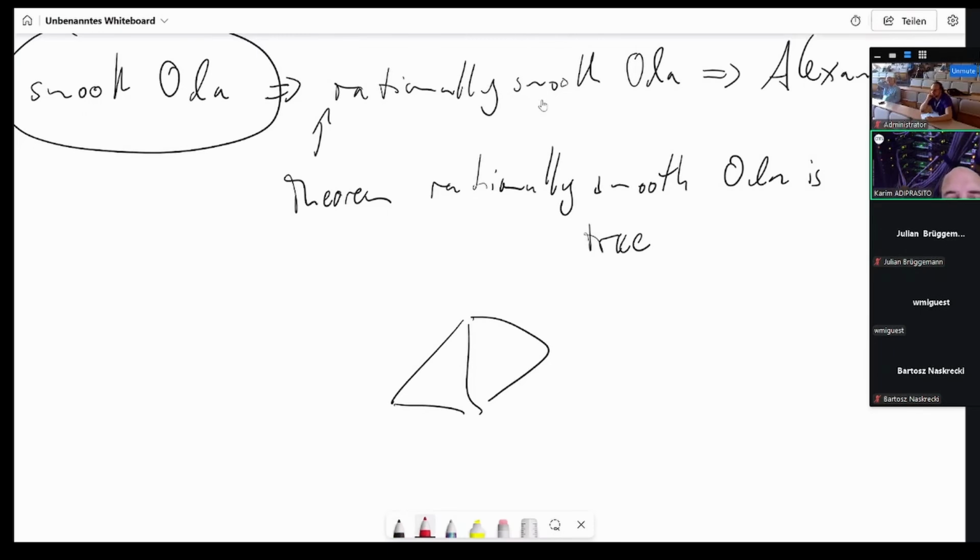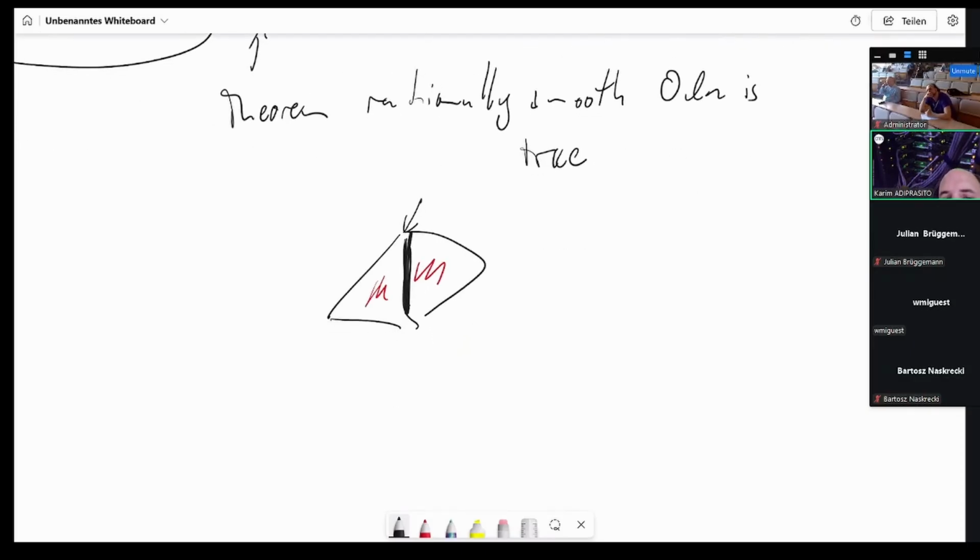When I'm talking about rationally smooth and smooth Oda, notice that when I defined the stellar subdivision, I removed an edge, this edge here, and then I coned over the boundary. Of course, I basically just wanted to preserve the topology, and there are choices.